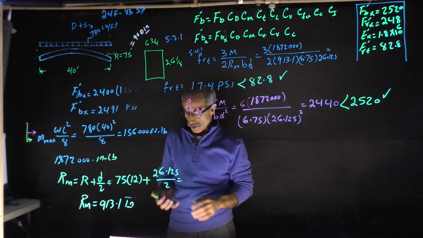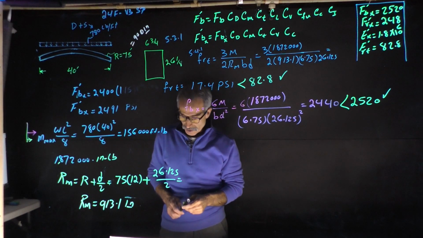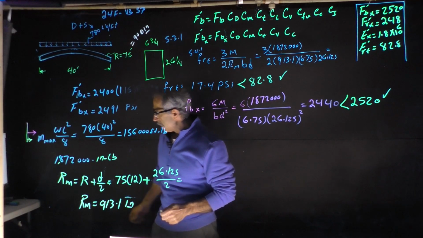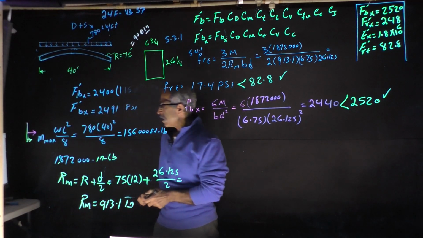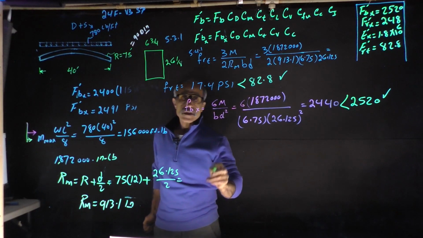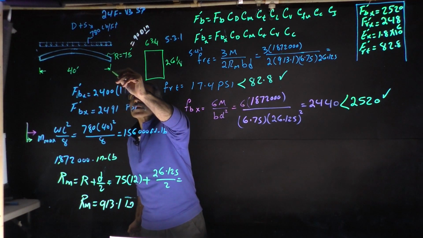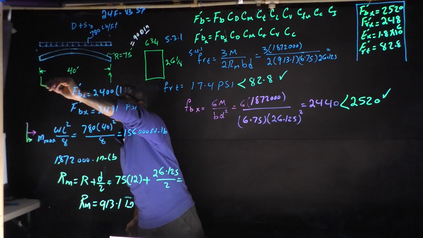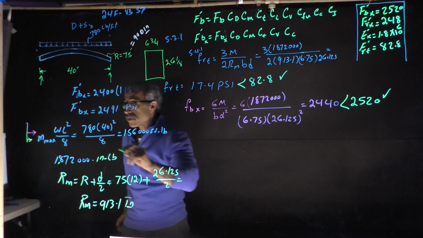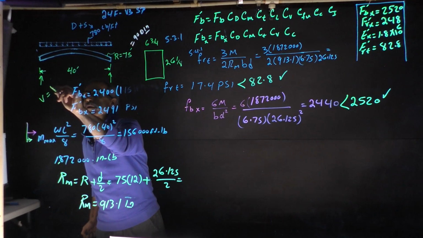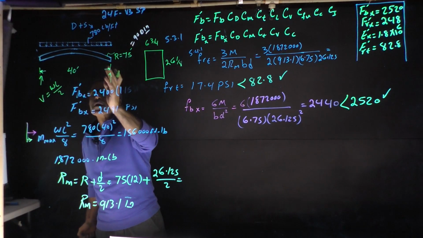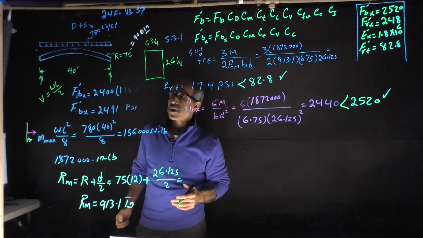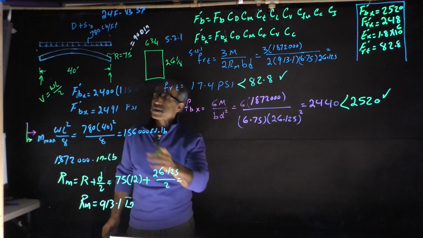Okay, let's check for shear stress. Go back to green. V for shear is going to be the maximum at the reactions, one right here and one right here, and V is usually WL divided by 2 because it's even, half on each side.